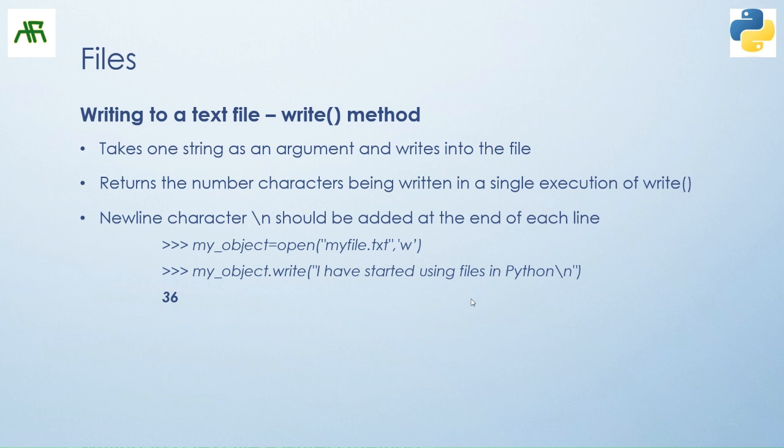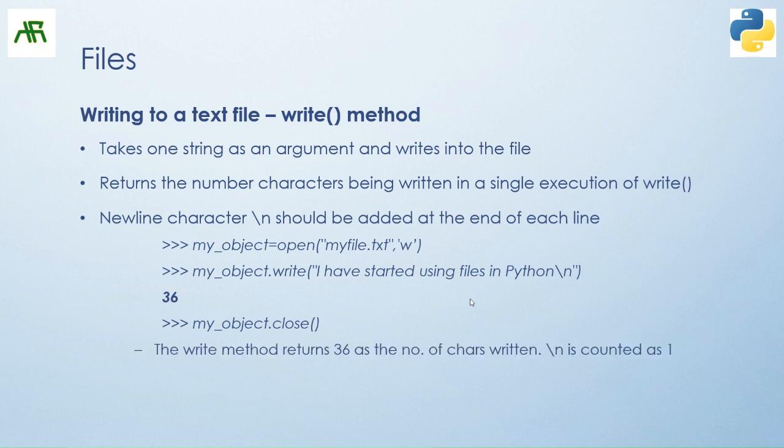So I have 36 characters written into the file myfile.txt and that is shown as the output after the execution of my object.write. And I'm closing it with the close function. The write method returns 36, the number of characters, and the end of line is counted as 1. The slash n together is counted as 1. Numeric data are converted to string before writing into the file.